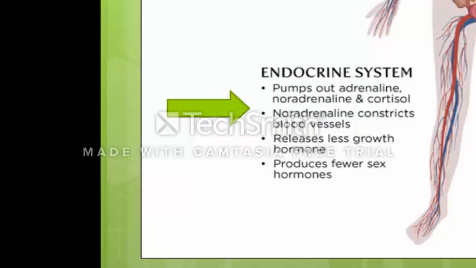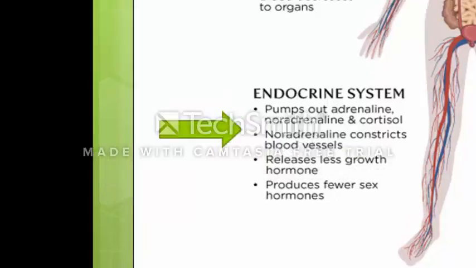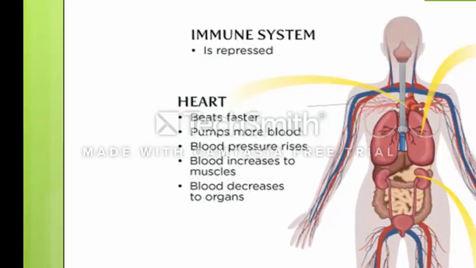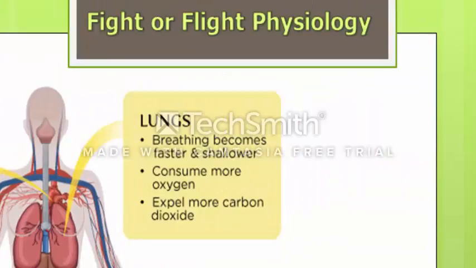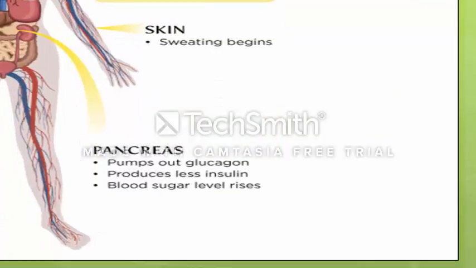Less growth hormone and fewer sex hormones will be produced. The immune system will be suppressed. The heart will beat faster, thus pumping more blood. Blood pressure will rise, and blood flow will increase to muscles and decrease to organs. The breathing becomes faster and shallower, will consume more oxygen and expel more carbon dioxide. Sweating may begin, and the pancreas will pump out glucagon, produce less insulin, and blood sugar levels will rise.